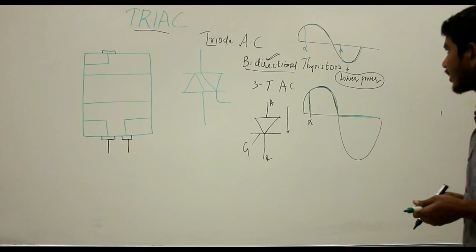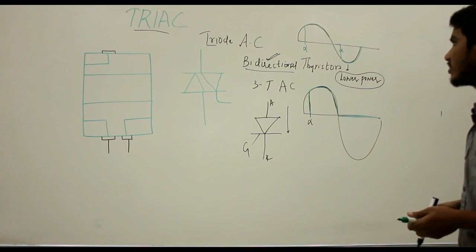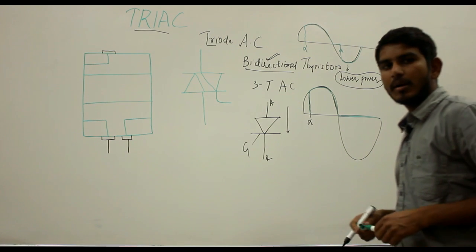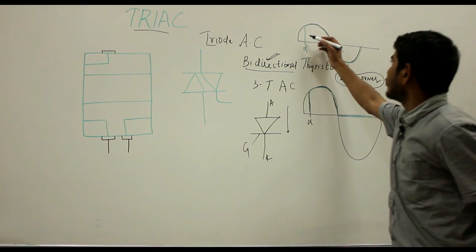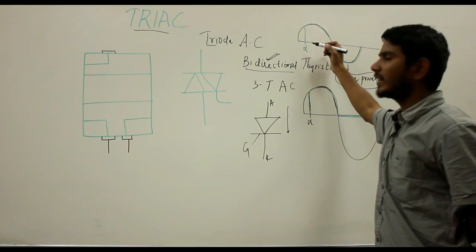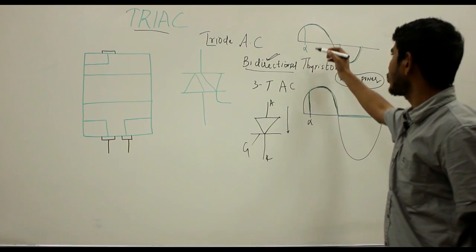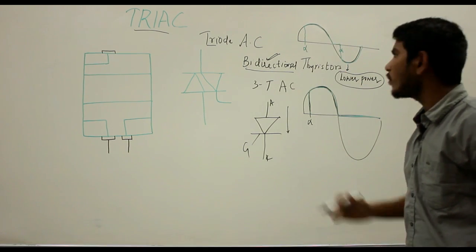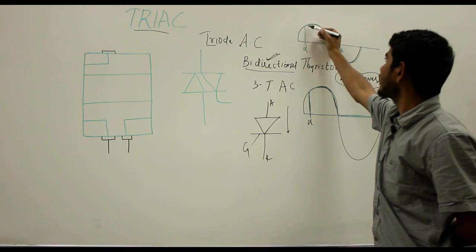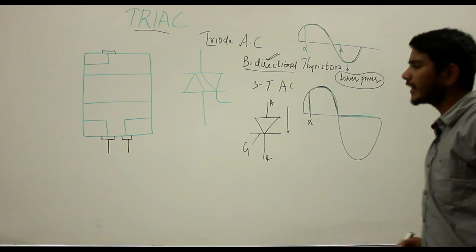So basically your Triac is used for switching operations, that is, AC power control in both cycles of an alternating cycle. That means we can control the current in the positive half as well as in the negative half.